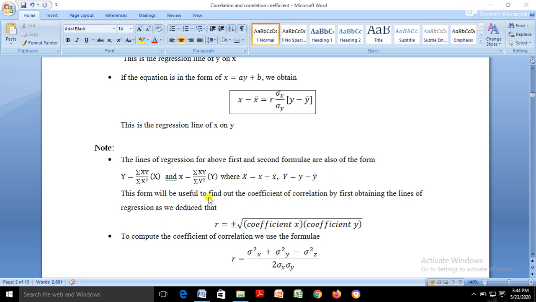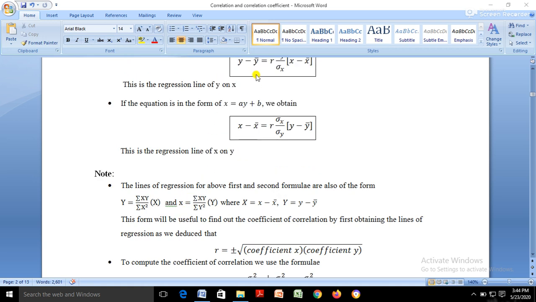This form will be useful to find the coefficient of correlation by first obtaining the line of regression, as we deduce that r is equal to plus or minus square root of coefficient of x into coefficient of y. Means if in the question they ask for the line of regression and hence to find the coefficient of correlation, then we use these two formulas.